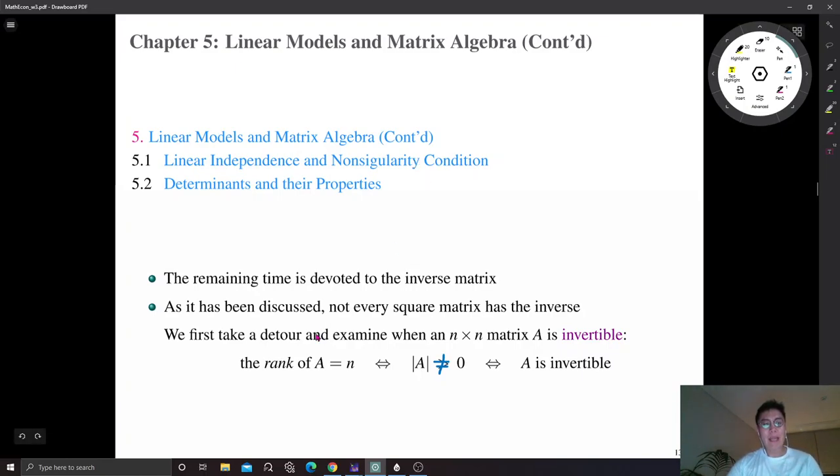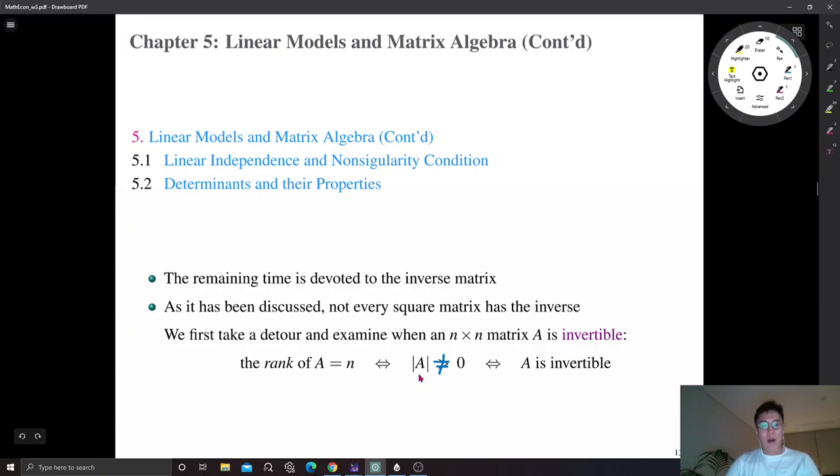Now, the bottom line is, we can examine whether matrix A is invertible or not through two different channels. Through the rank of the matrix: if the n by n matrix A has a rank n, that means the matrix has a full rank, or equivalently, if the determinant has a non-zero value, then A is invertible.